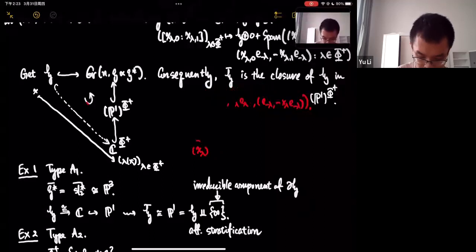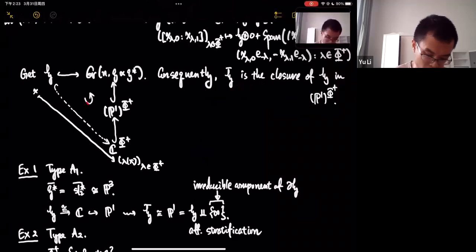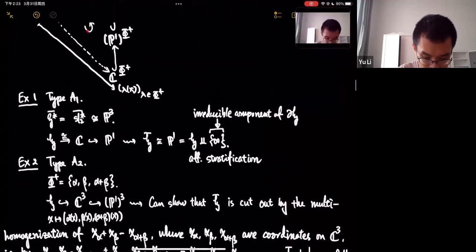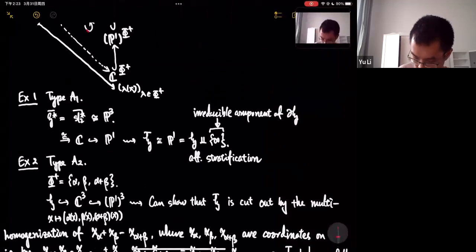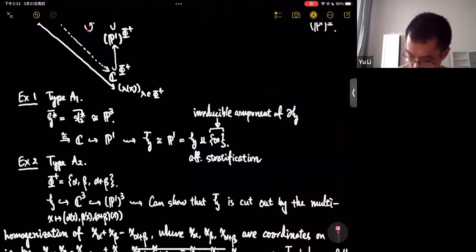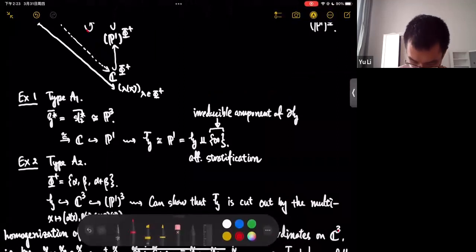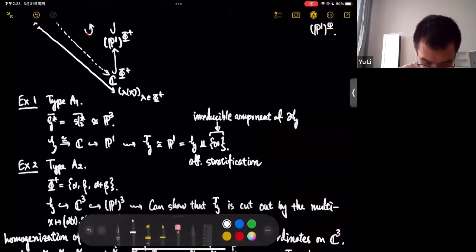So C to the phi plus is just C to the first power. So H goes to C to the phi plus.